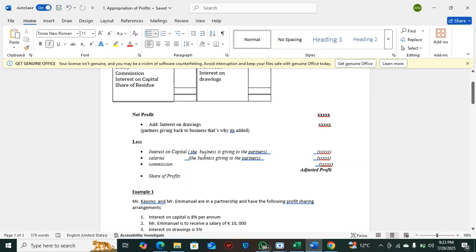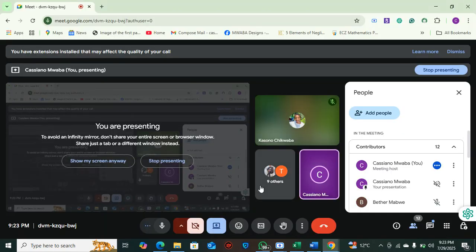If there is a partner who will be working in the business, what do they call that type of partner who is involved in the day-to-day running of the business? We did this in business law, learning about different business organizations and the types of partnerships.